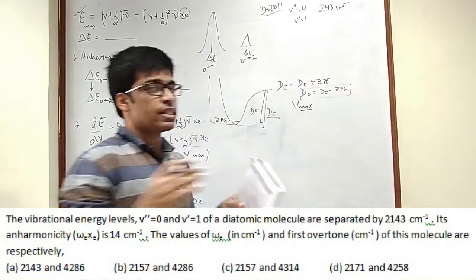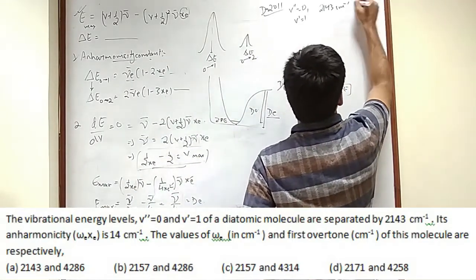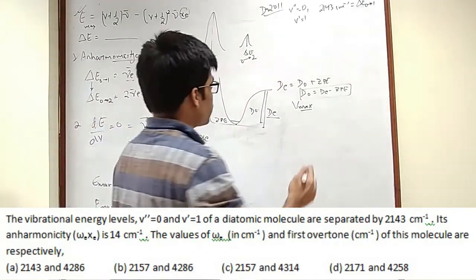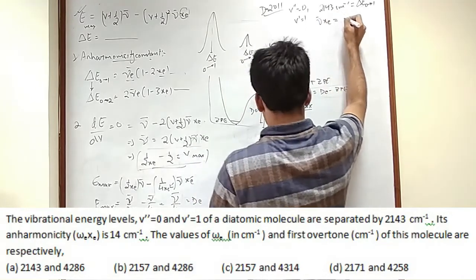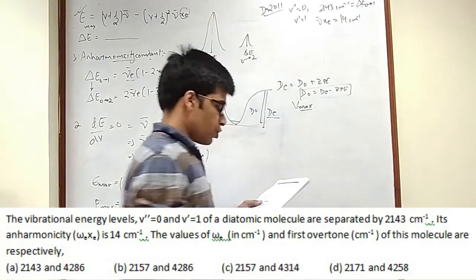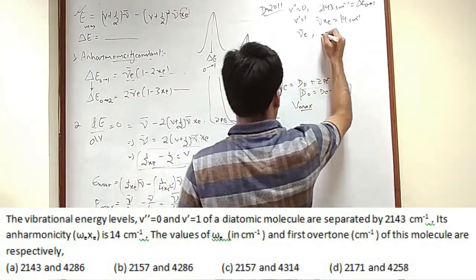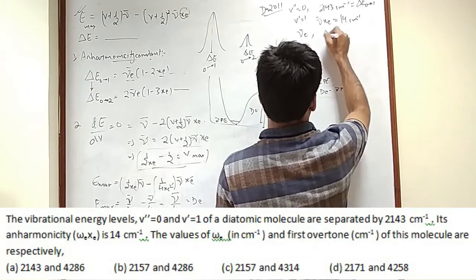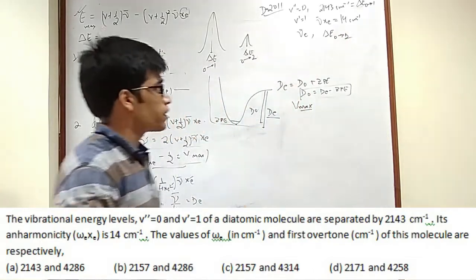Now, when they say they are separated by, that means they are giving you delta E for 0 to 1. Now, they are saying its anharmonicity constant is such that mu E xe equals 14. And they've asked you to find the value of mu E and the first overtone, delta E for 0 to 2. So you have to find these two things.